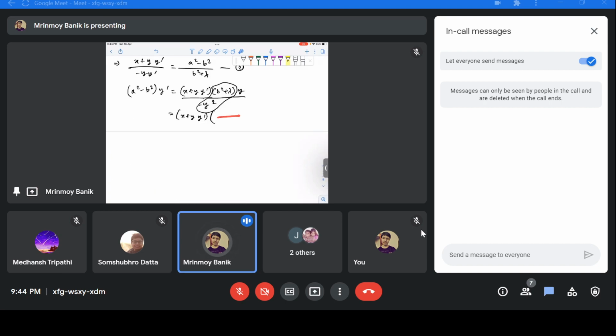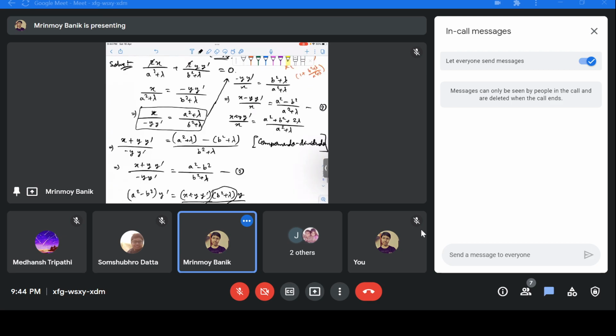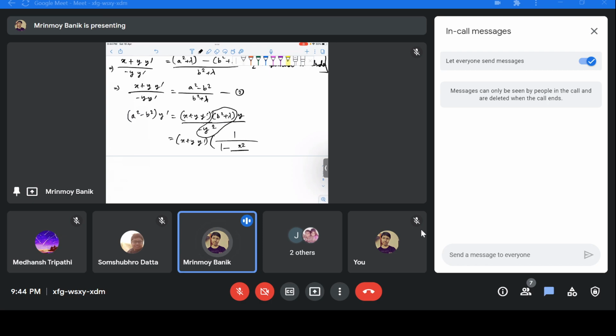Now we can substitute 1 minus x squared by a squared plus lambda.